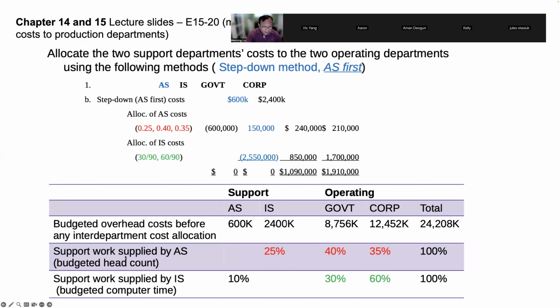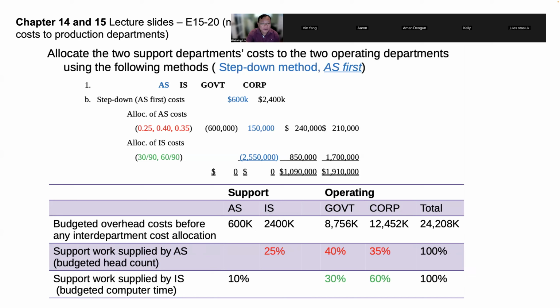The work supported by AS is 25, 40, 35. Add them up together, that's the 100%, right? So I'm going to ignore that 25% support to IS by AS. So I'm just going to allocate this $600,000, the cost of the AS department, to government and corporate consulting operating department. So how do I allocate it, right?